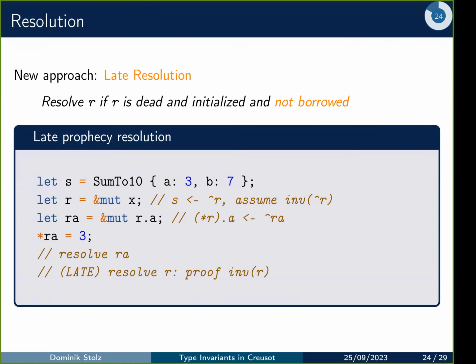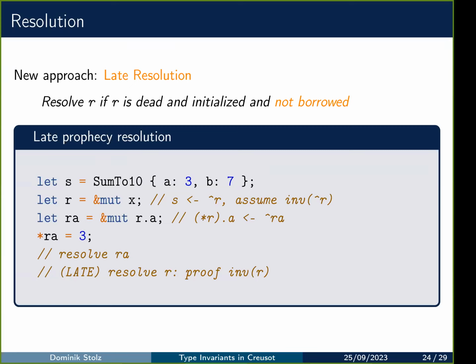So our new approach is what we call late resolution. And late resolution works similarly to early resolution, but additionally takes into account whether a value is borrowed or not. So again, we have the same example where we have a value S, and then we first create a reference R, and then we reborrow R to get a reference RA to the field A. After we reborrowed R, it is dead and initialized, but it is borrowed by RA.